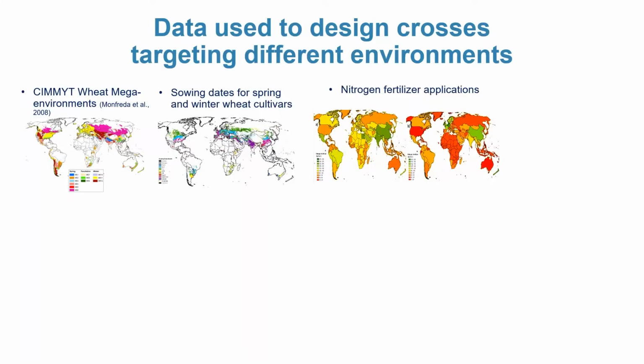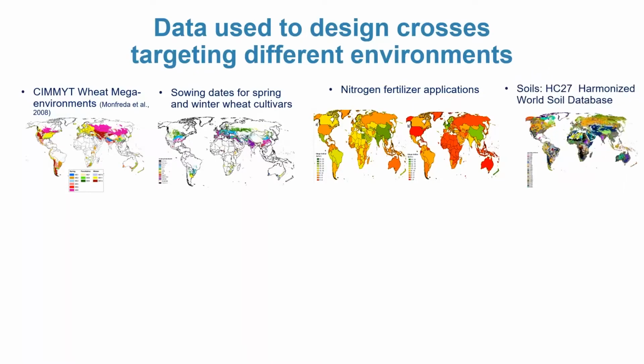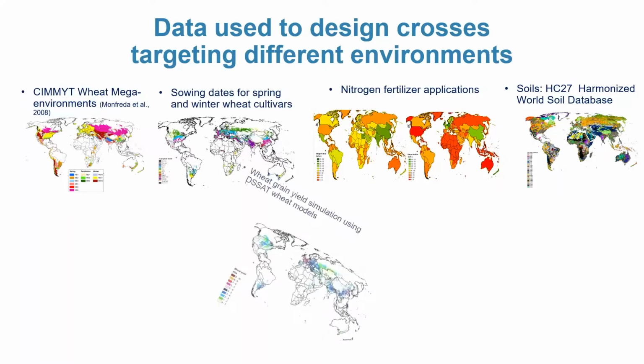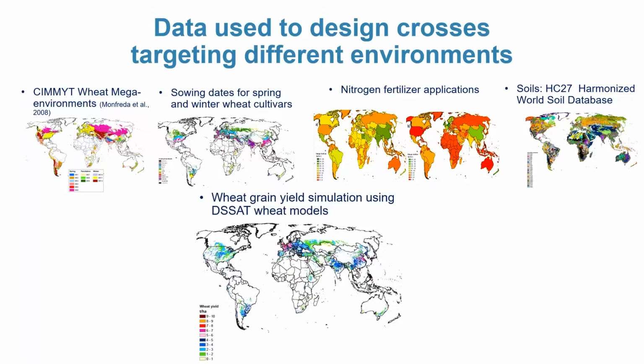So you have nitrogen fertilizer application for irrigated and rain-fed, but at a national level. And soils, we use the HC27, the HarvestChoice 27 Harmonized World Soil Database. And at the end we have a baseline simulation using DSSAT wheat models. So here you see the average of a three-model mini ensemble of the DSSAT wheat models running for 30 years, and taking into account all those input data.